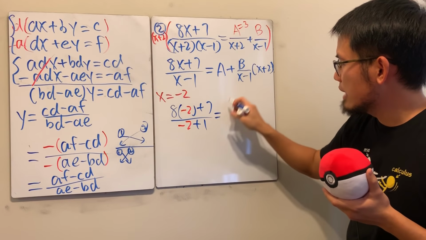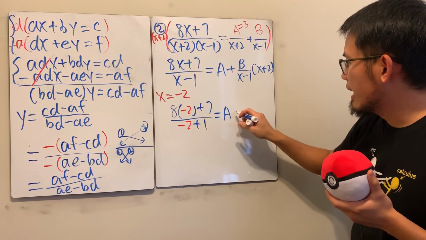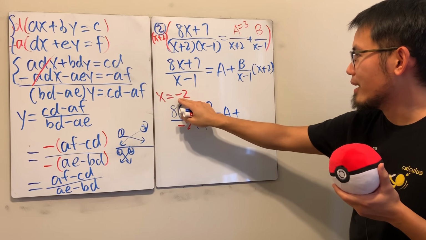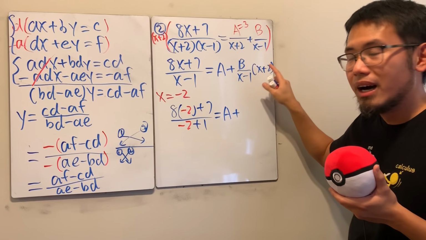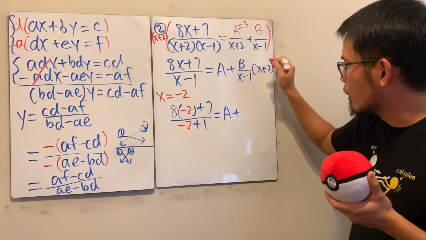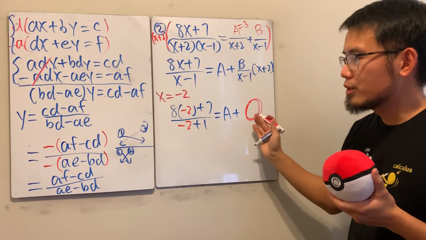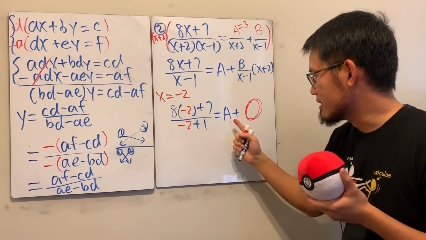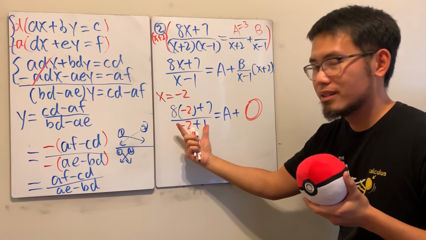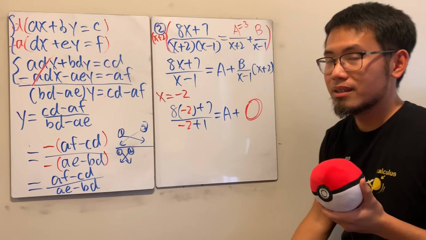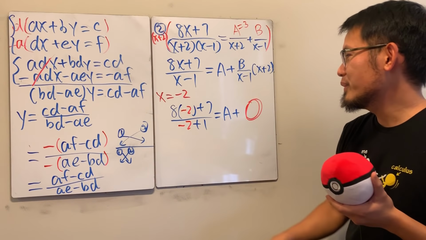That's going to give us a right away. And then you'll see that when we put the negative 2 right here, negative 2 plus 2 times this will make the whole thing 0. So you don't have to worry about that. And as you can see, a is equal to this, which is exactly what we did. All right? Very cool, huh?